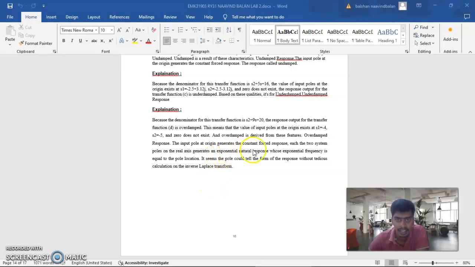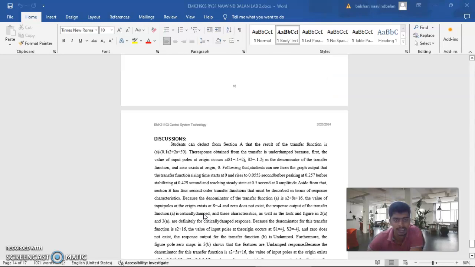The input generates a constant force response. Each of the two system poles on the real axis generates an exponential natural response. So this one also seems like a pole could be there from the response without calculation of the inverse Laplace transform.